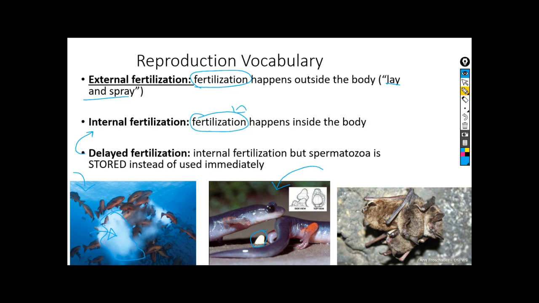Okay. And the reason for this is because the big key here is individuals that do delayed fertilization are females that can take the sperm or spermatozoa or whatever form of stuff that they're getting from the male, and they can hang on to it. They're going to store it instead of using it right away to fertilize those eggs.